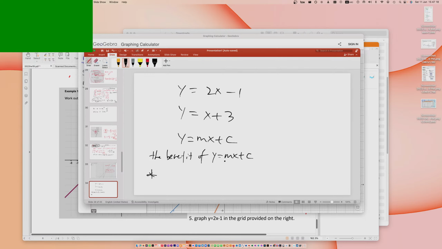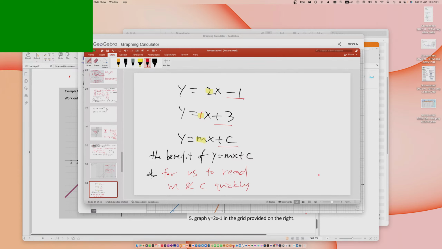The benefit is for you to read the gradient and the y-intercept quickly. So it's for us to read the m and the c quickly.